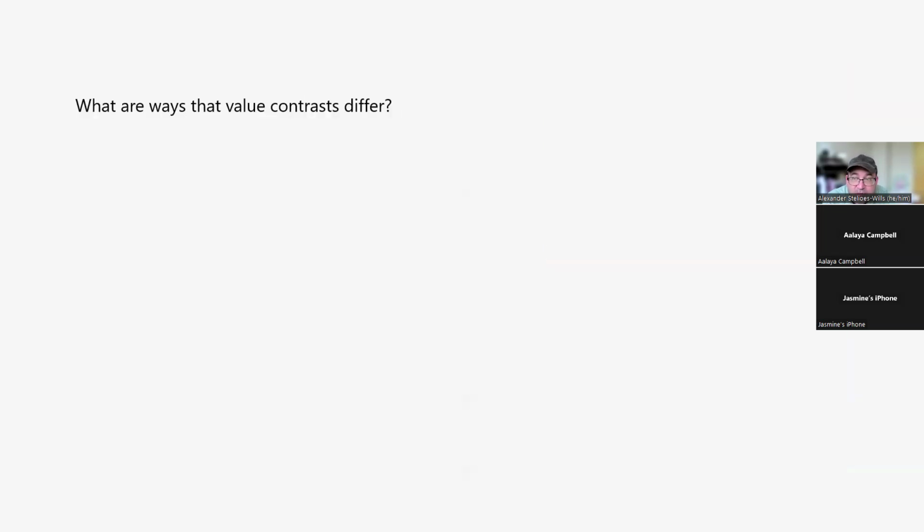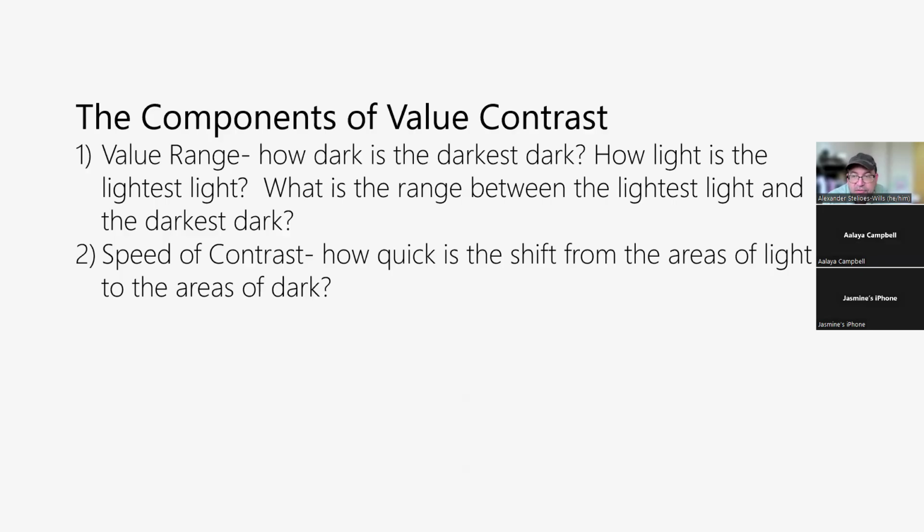Okay, so now we understand the different ways to make value contrast, but there's another thing we have to understand, which is what are the components of value contrast? And there are two main components. One is the range, right? And the range can be defined as the difference from the lightest light in a composition to the darkest dark in a composition.